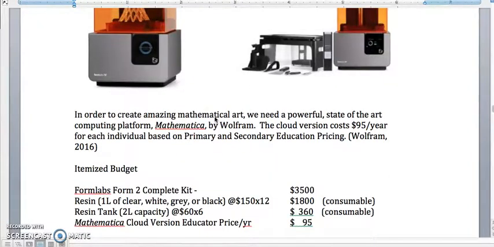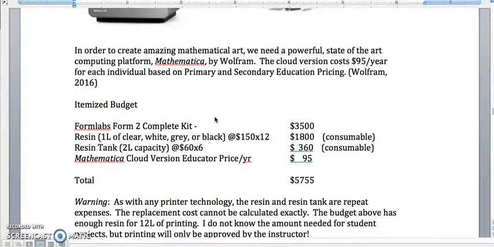The other thing we need is some kind of software. Mathematica would be the best one to use for getting some really high detailed sketches of mathematical formulas and equations to be able to print. So the budget here, the kit is actually about $3,500.